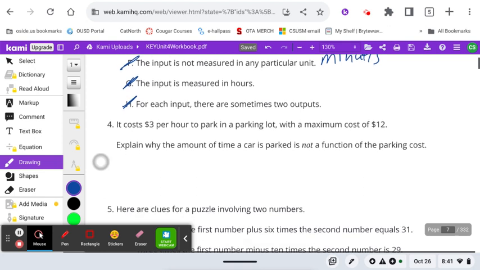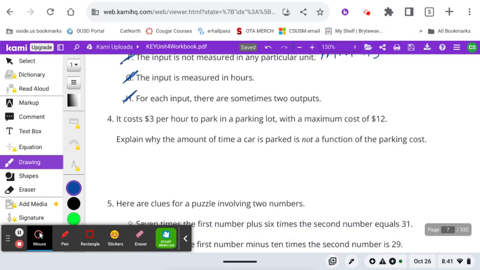All right. It costs $3 per hour to park in a parking lot with a maximum cost of $12. So this is that same scenario from up above. Explain why the amount of time a car is parked is not a function of the parking cost. So this is where we're switching it around and we're talking about the cost. Like if I said $12 was the input cost, I could say the car was parked for maybe 8 hours.